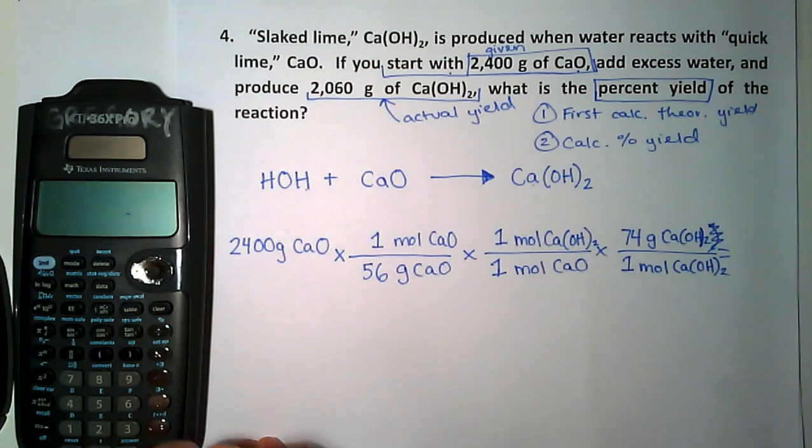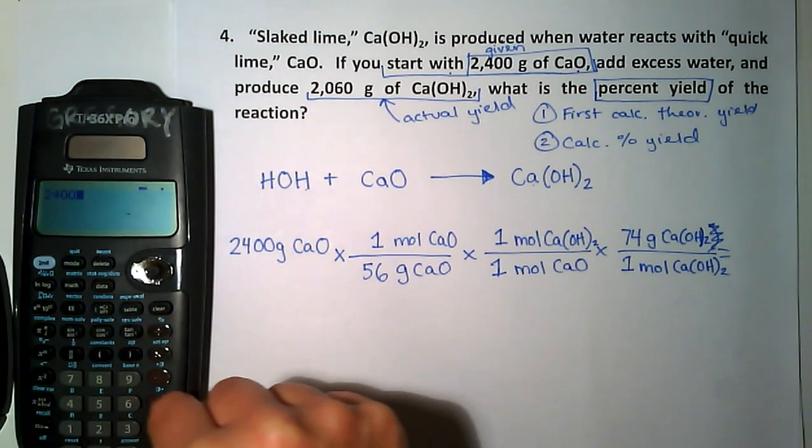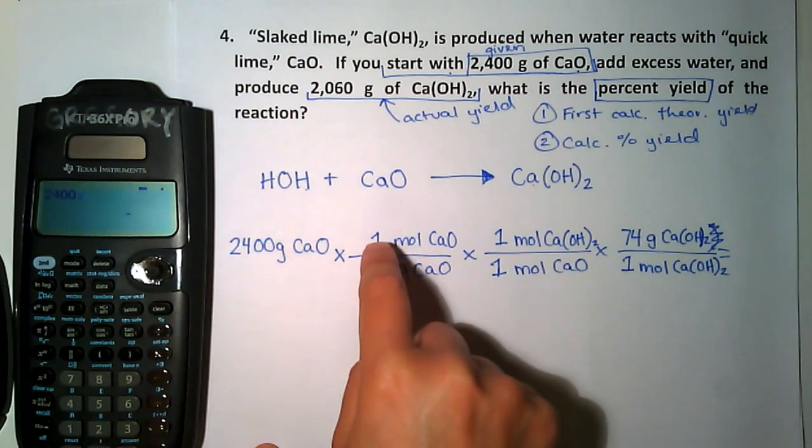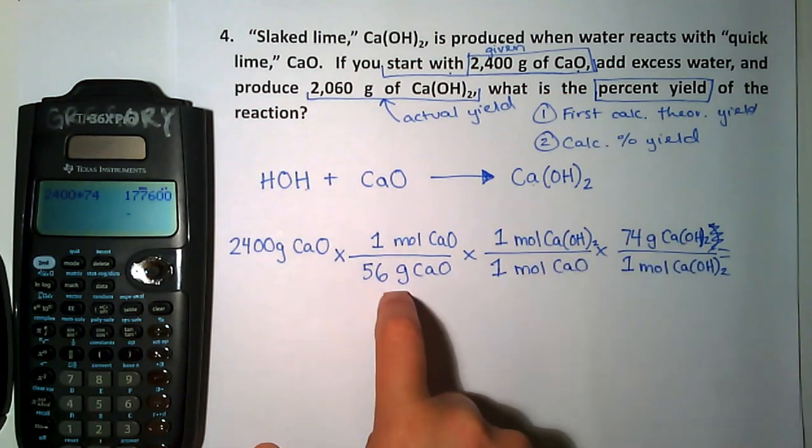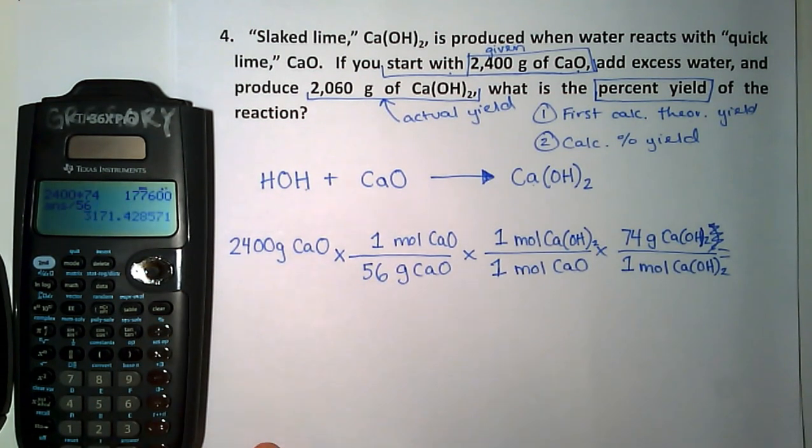So now we just need to type this into our calculator. We have 2400 times 1 times 1 times 74, and then divided by 56. So we got a theoretical yield of 3171.428.